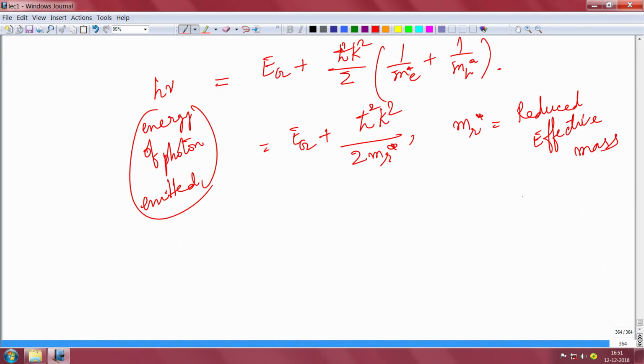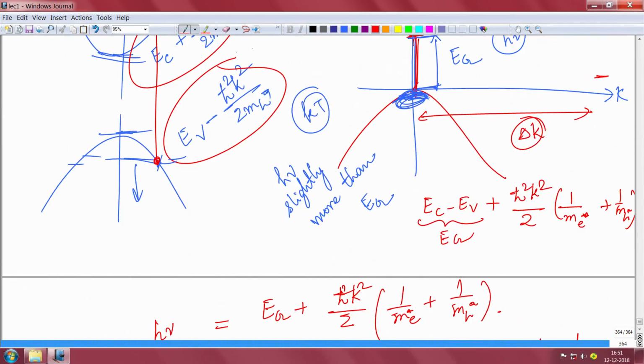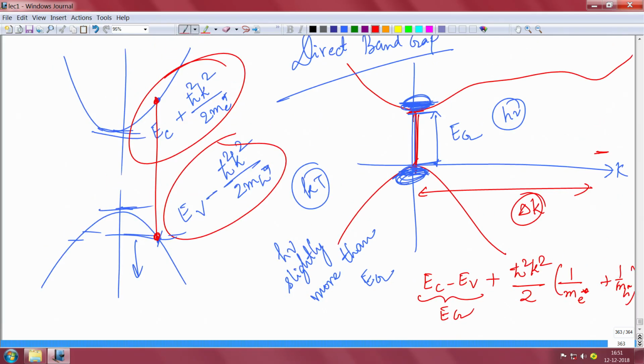This reduced effective mass can be written as m electron times m hole divided by m electron plus m hole. It is called reduced effective mass because you essentially have electrons and holes recombining from the conduction to valence band, which is slightly more energetic than the band edge.